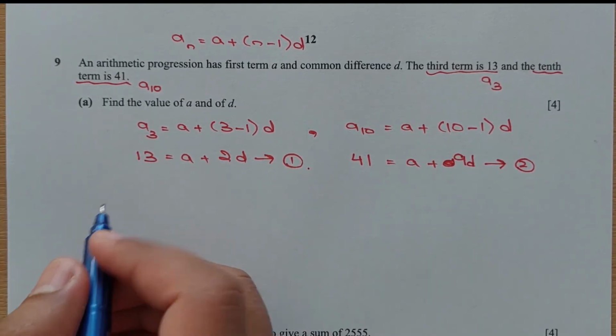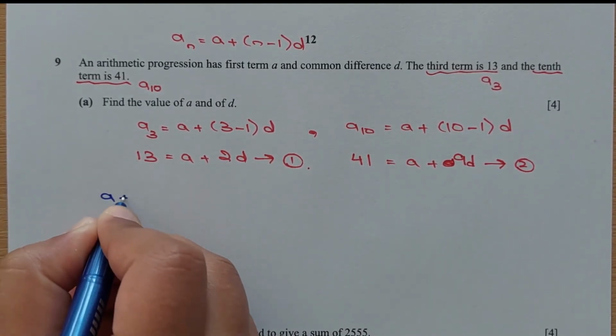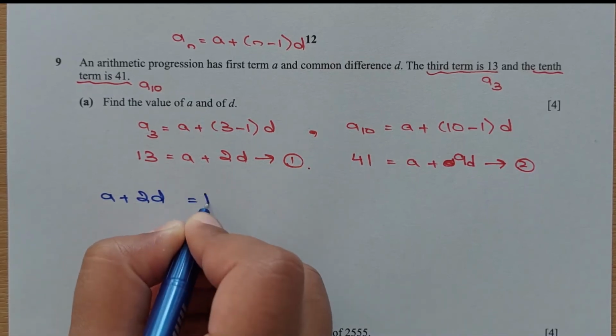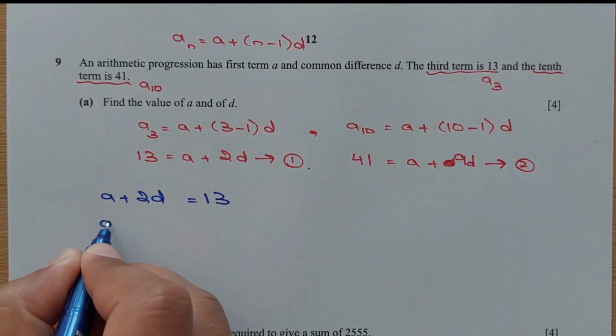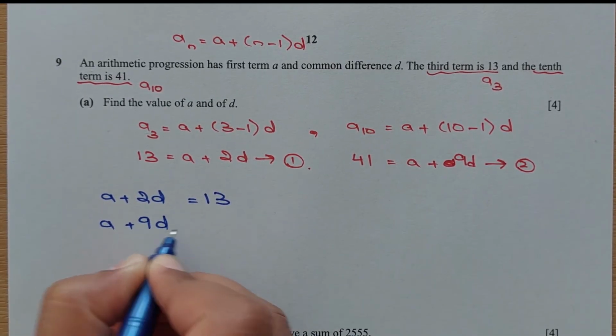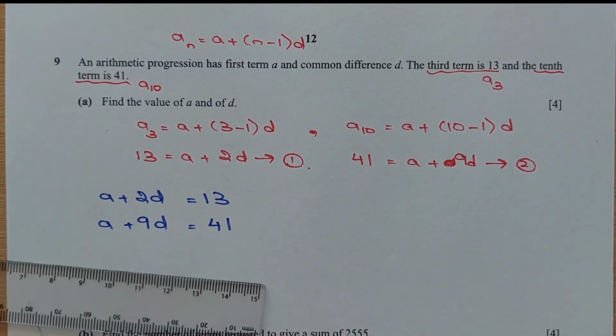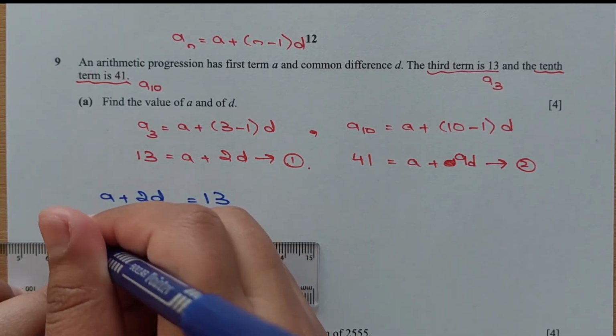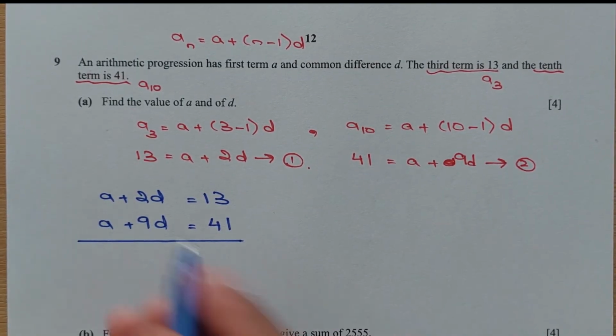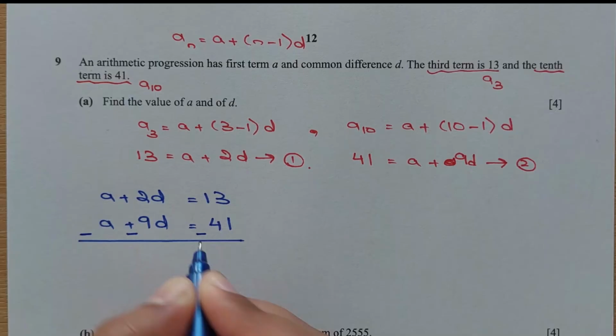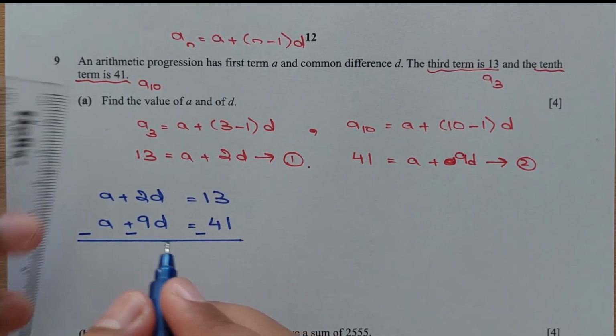So let me subtract the two equations. A plus 2D equals 13 is the first equation, and A plus 9D equals 41 is my second equation. Let me subtract the two equations to get the value for D. For subtracting, we have to change the signs: minus, minus, minus. So plus A and minus A is cancelled.